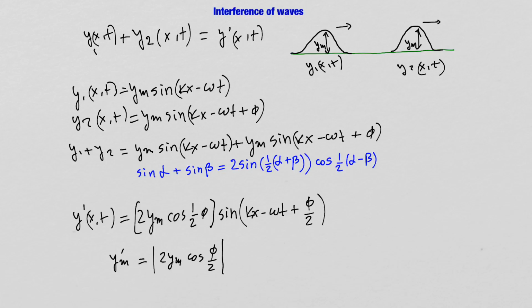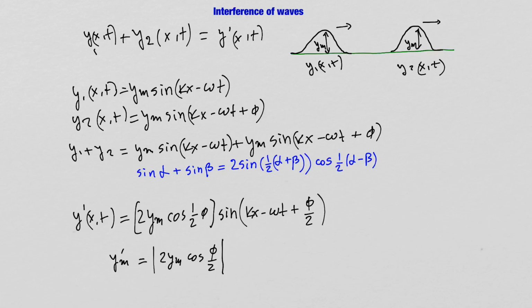So when phi is equal to 0, the cosine has a value of 1, so we then get maximum amplitude of twice ym. When phi is equal to 2 pi, then cosine is equal to -1, and so then the amplitude again has a maximum of 2 times ym.